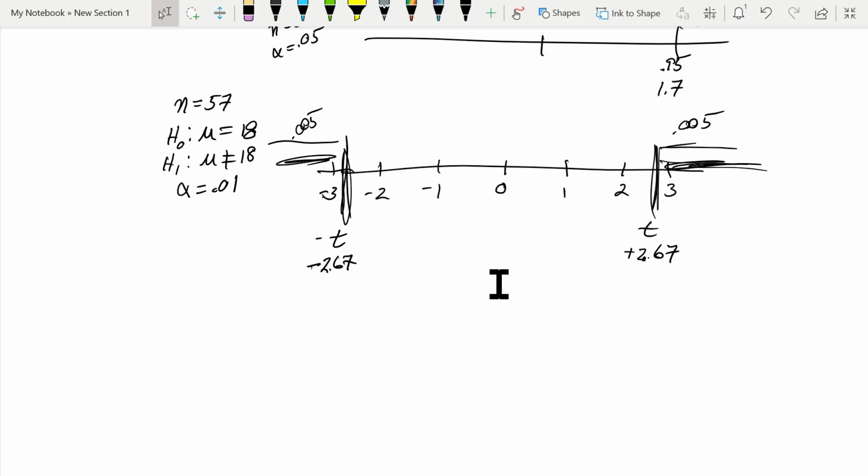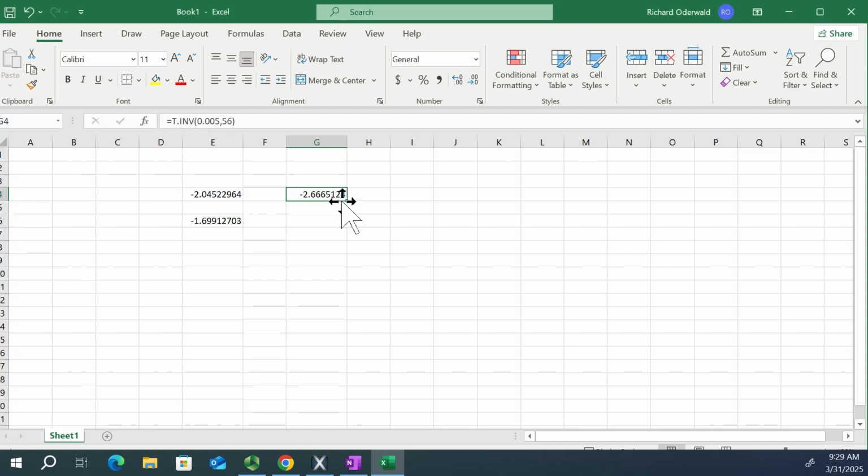If I wanted to look up this t value, what would I have to do? In Excel, how do I get the other end? This one I gave it 0.005. What's the other end?